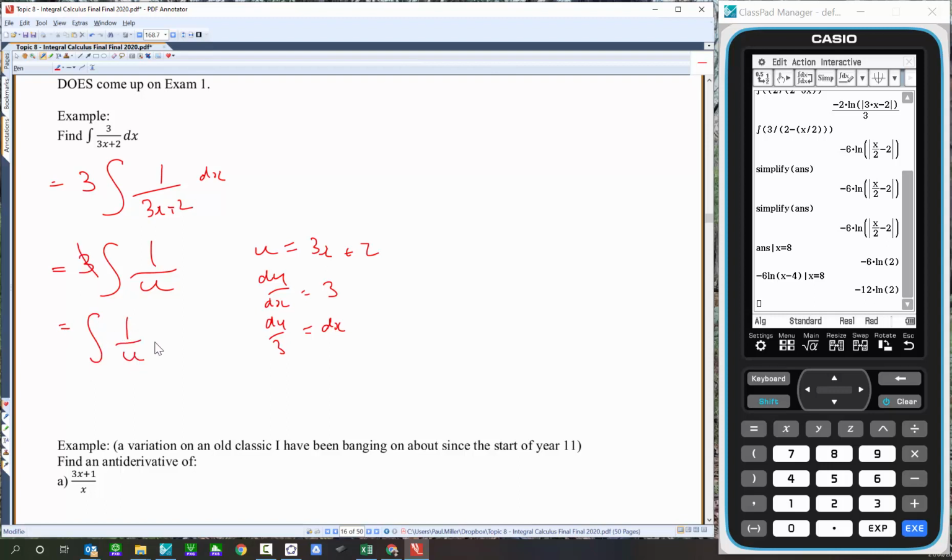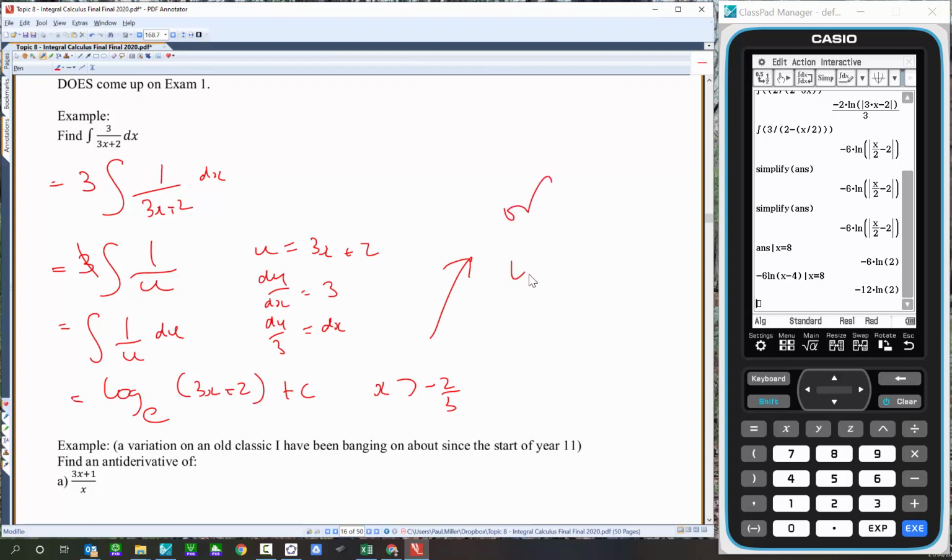Integral 1 on u du, which is equal to log e u, where u is equal to 3x plus 2, plus c, where x is greater than, what's it going to be, negative 2/3. Okay?